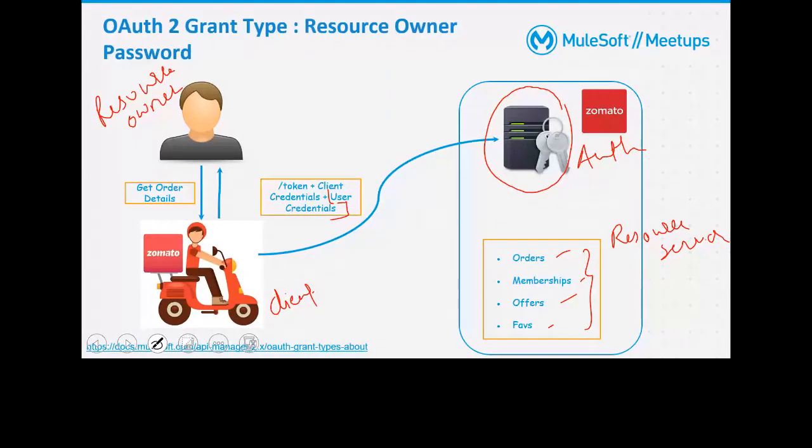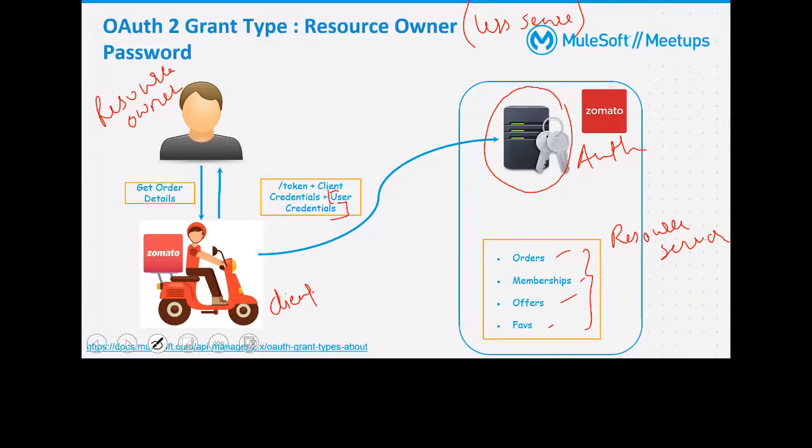Since I'm passing this user's credentials, actually I am sharing or compromising my credentials. That's why this option is less secure. The client has to handle the user credentials. So this is a very less secure grant type if you prioritize all these grant types.